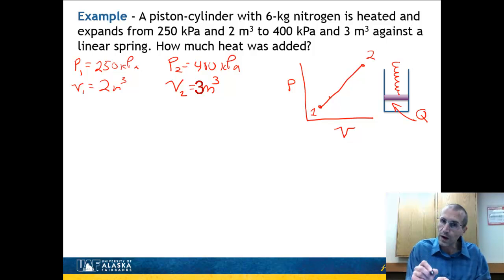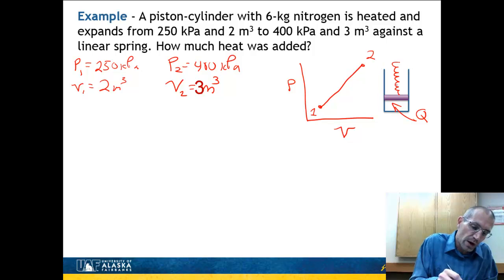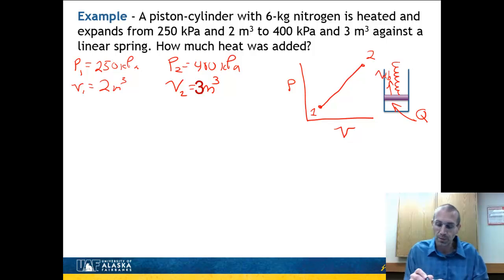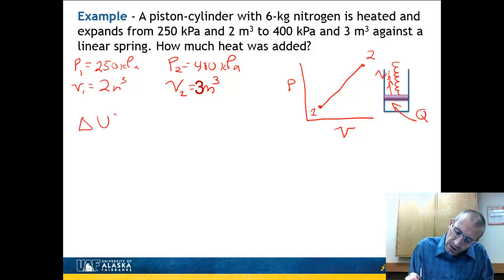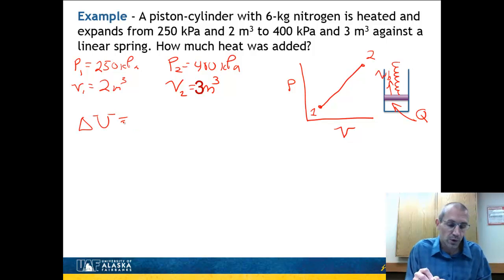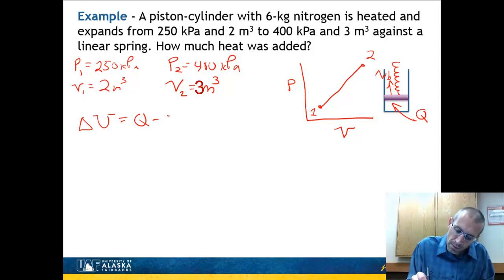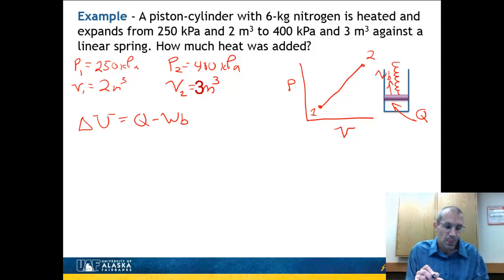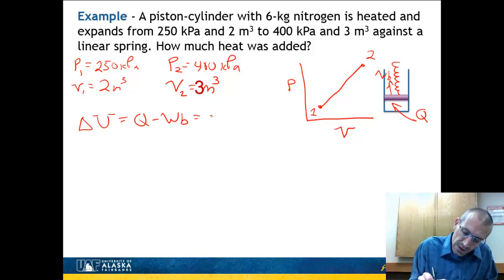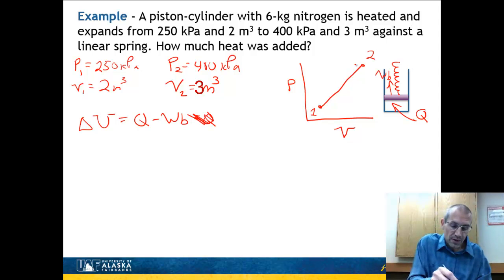Well, if we just write our energy balance, it'll become really clear what we want to use. So let's write our first law energy balance for this system. We've got an expansion against a spring with boundary work. The change in internal energy U is what goes in, Q, minus what goes out, which is W_B. Oh, I'm sorry, it's not a constant pressure process because I've got this linear spring.